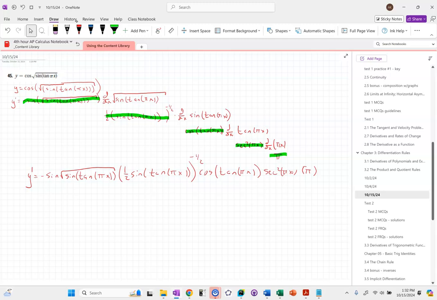Once you get super comfortable, you might be able to do that all in one step. I wouldn't have attempted it even with where I'm at. I'd have just been like, this is too many chains in a row. I'm going to screw this up if I don't do one chain at a time. Because if I look, that's 1, 2, 3, 4, 5 chain rules that I used on that.